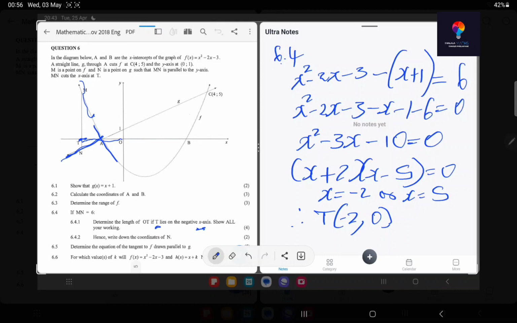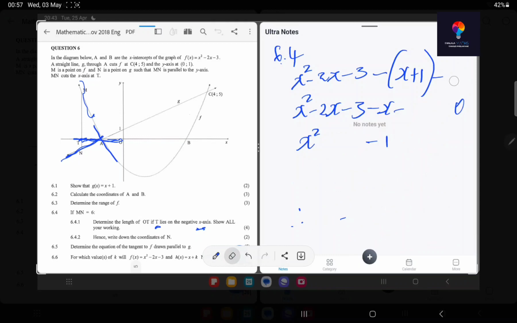Then that means now the length is going to be 2 units. A length cannot be minus 2 units, but it's going to give us 2 units. That's about it, guys. I think it is clear and you have learned a lot. Let's do the last question.